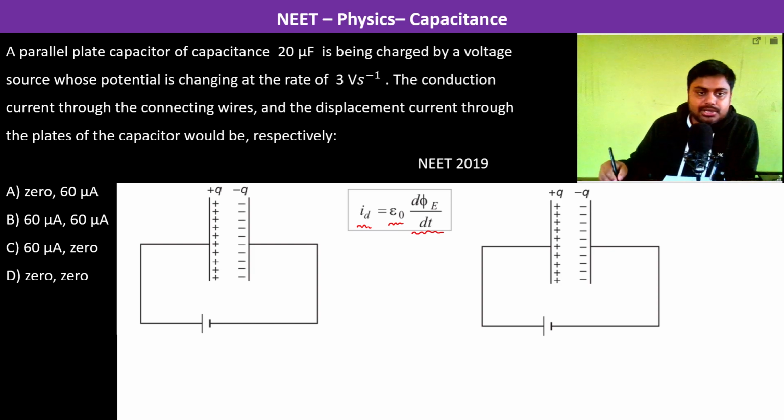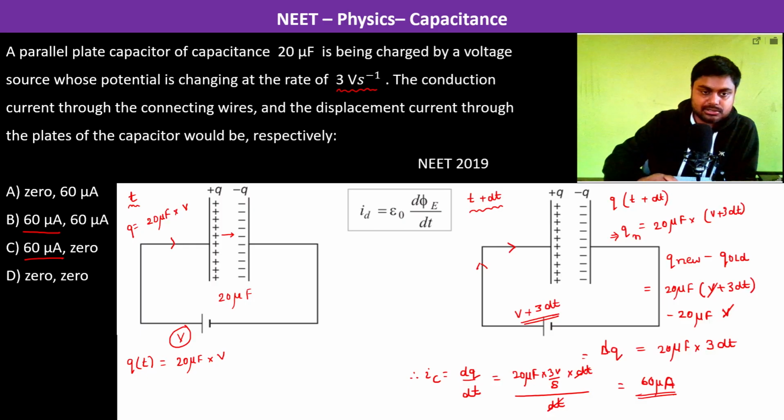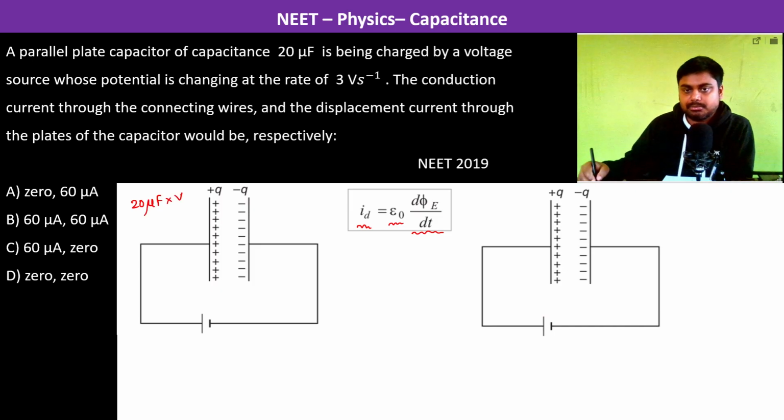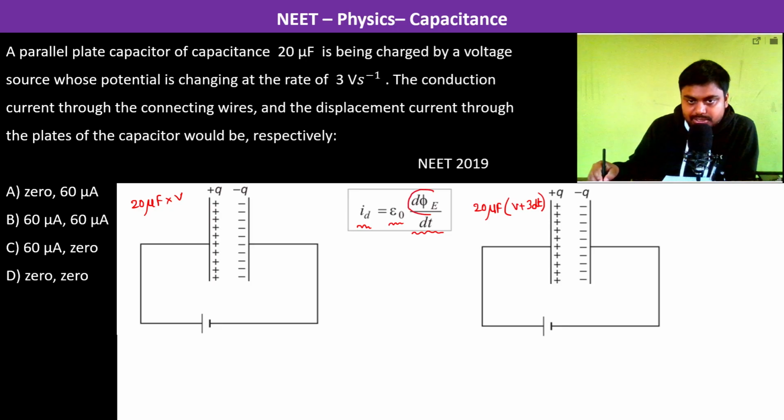Now the charge initially at time t was 20 microfarad into V, and here the charge was 20 microfarad into V plus 3 dt. Now we are interested in finding d phi e. Now what is phi? Phi is E dot A.